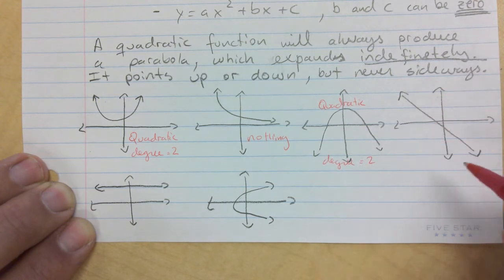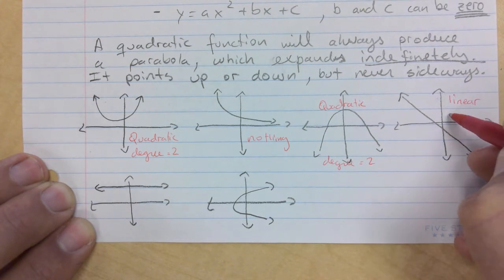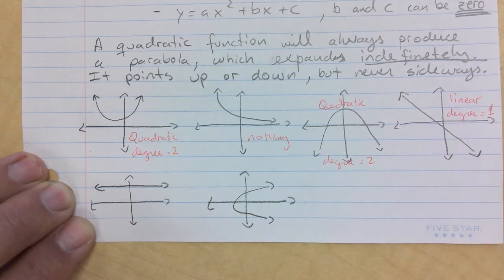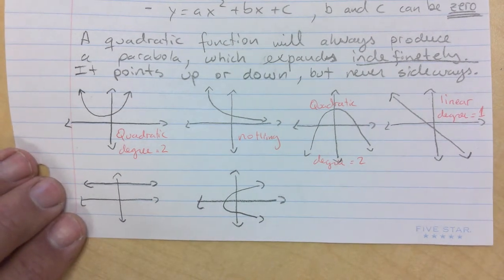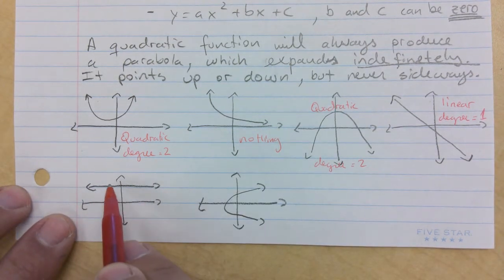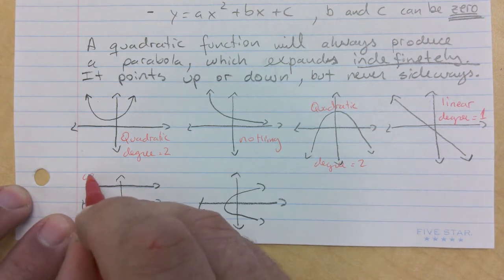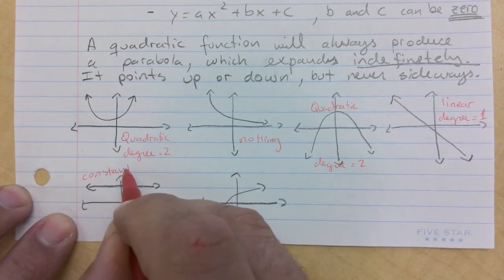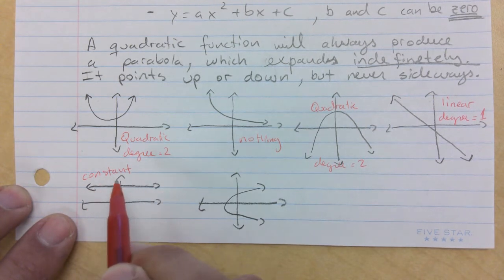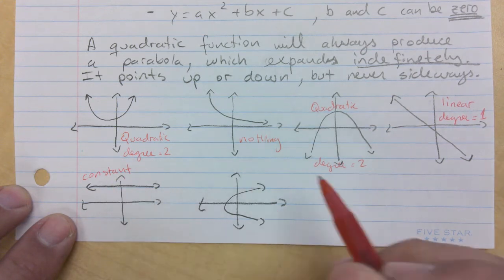This one you should recognize. That is definitely not a quadratic. That's a linear, and the degree is 1, right? It's just going to be y equals x, something like that. This one, a lot of students would call this a linear, but this is actually a constant. It's a constant function. This would be y equals 5, let's say, right? It'd just be y and a number. There would be no x variable here.